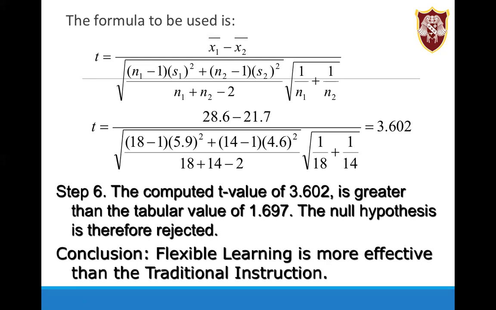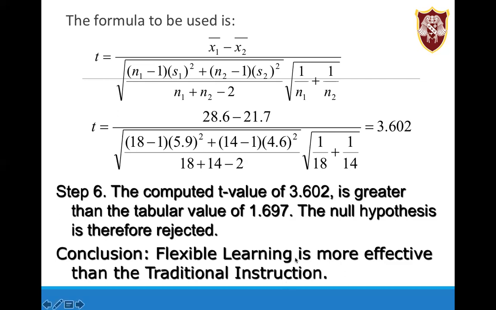So the computed t value of 3.602 is greater than the tabular value of 1.697. So based on the decision rule or the criterion, if the absolute computed value is greater than the absolute tabular value, we reject the null hypothesis. So the null hypothesis is rejected.